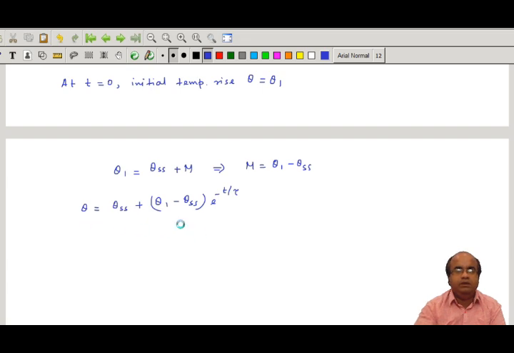Now simplifying this equation, that is theta equals theta SS into 1 minus e to the power minus t by tau plus theta 1 e to the power minus t by tau.